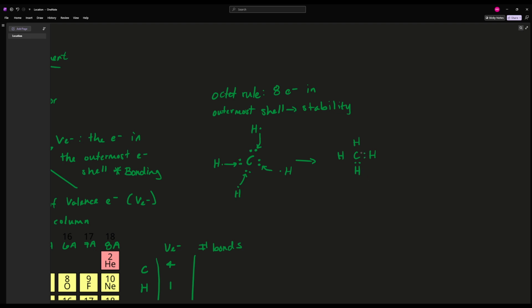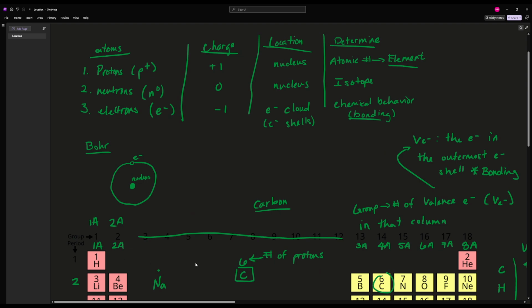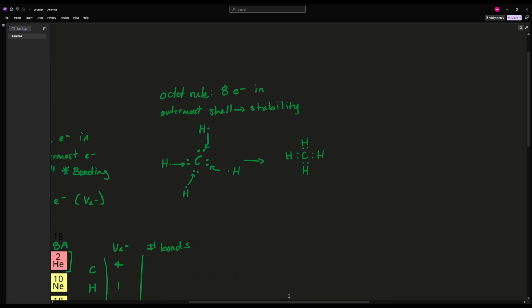So carbon has given each hydrogen an electron, and each hydrogen is giving carbon 1 electron. Now, the reason why hydrogen can do this is because it is a period 1 element. The maximum number of electrons within this shell is 2. So it does not follow the octet rule.